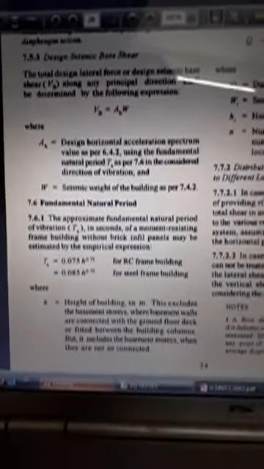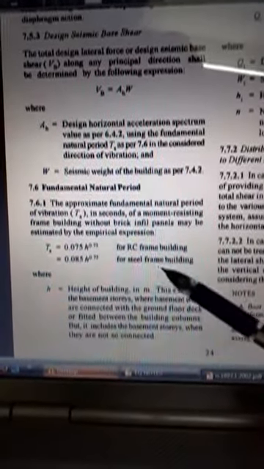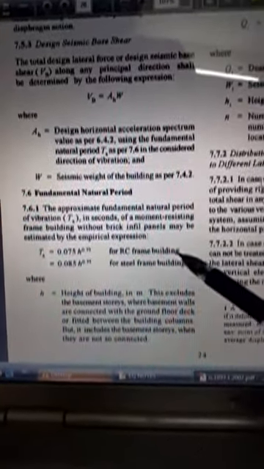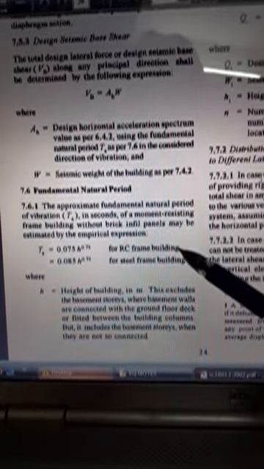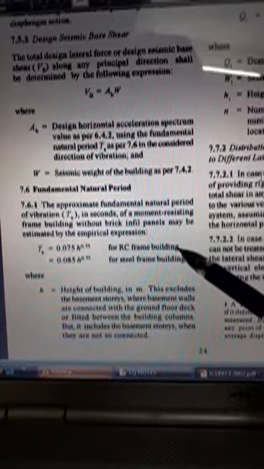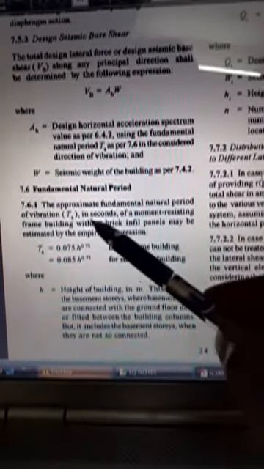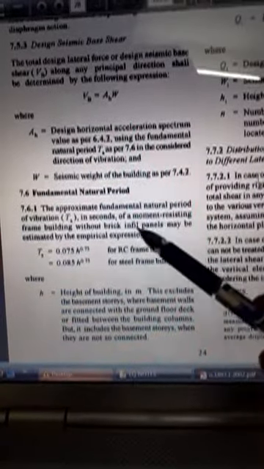Here, fundamental period T is equal to 0.075 H^0.75 and T is equal to 0.085 H^0.75. This is for steel frame, this is for RC frame. So RC frame building means it is special moment resisting frame. But here it is given as a moment resisting frame without brick infill panels, meaning without brick walls.